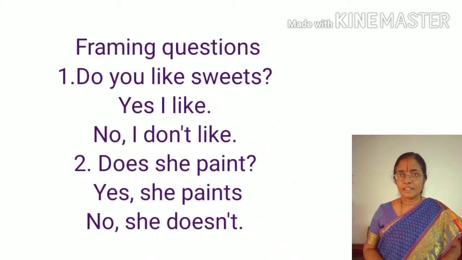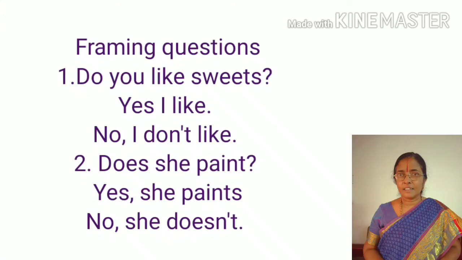How to frame yes or no type of questions if the sentences are in simple present tense. Let us see the examples here. Do you like sweets? Yes, I like. No, I don't. You can simply say no, I don't, or you can say no, I don't like. Similarly, does she paint? Yes, she paints. You can say yes, she does also, no problem.